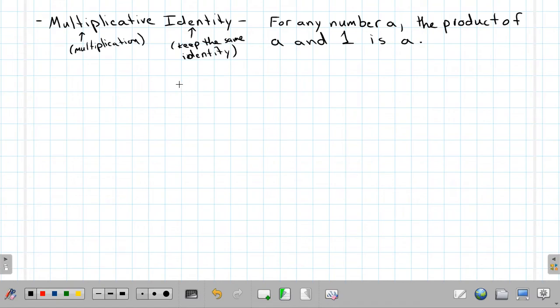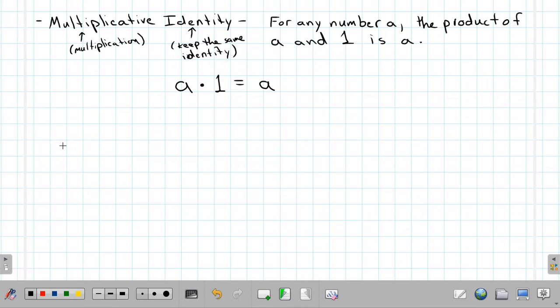So once again, what this is telling us is if we have any number and we multiply it times 1, we're going to get that number back out. So we can multiply times 1 to keep it the same. If we have a number and we multiply it times 1, it keeps its identity. So multiplicative identity, multiplying to keep its identity, well, that means multiplying times 1.